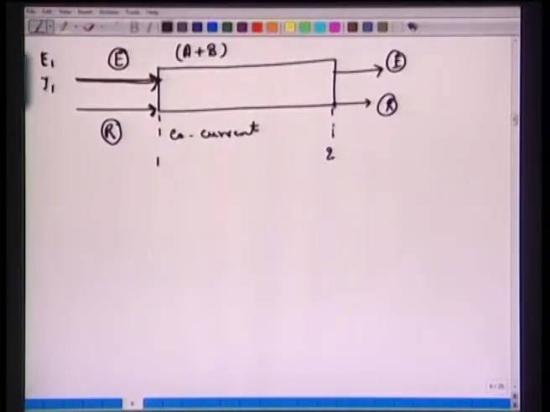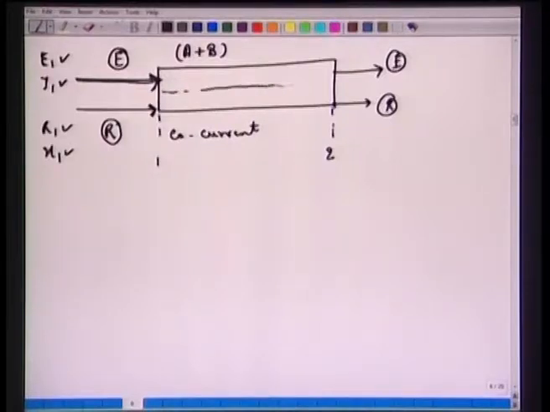So we have E1 and Y1 brought in contact with another stream R, which has a flow rate of say R1, and it has a mole fraction of A given as X1. So E1 mole per second or kg per second, with Y1 mole fractions or weight fractions, and R1 mole per second or kg per second, with subsequently mole fractions or mass fractions in this raffinate phase. So they are brought in contact.